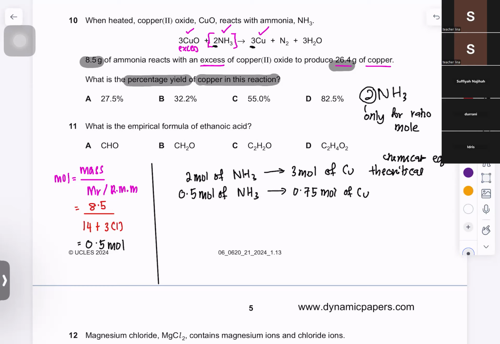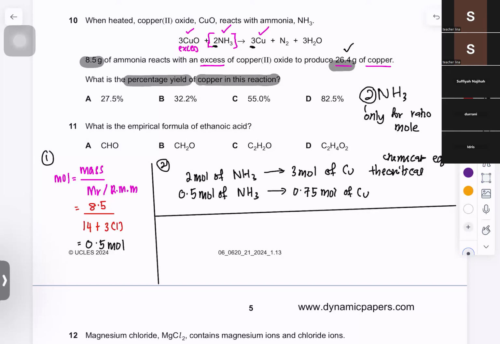Before teacher proceeds to the next step, any questions? No teacher. Okay. Then they give you mass 26.4 gram of copper.